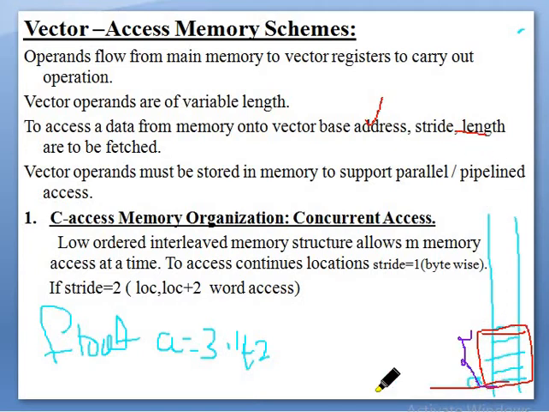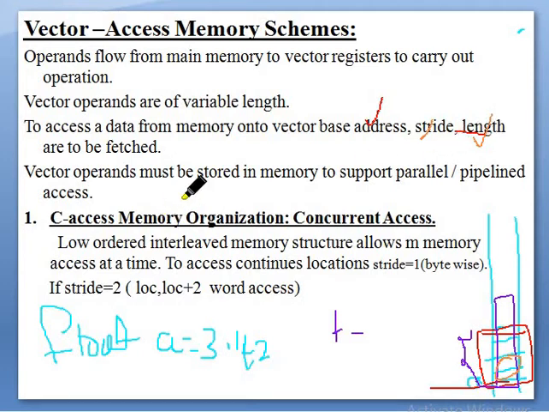If I don't know that a float occupies 4 locations, I may try to fetch 5, or only 2, which will be wrong. So I should be aware of where to start, how many to move, and how many locations to fetch. Only then will I get correct data.